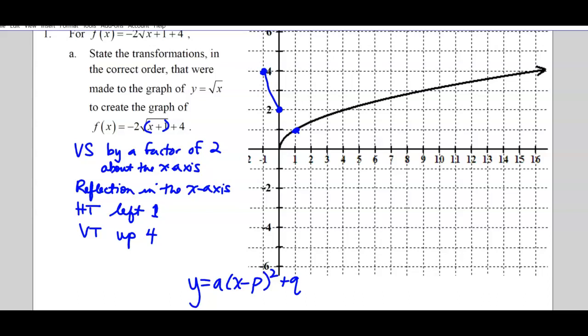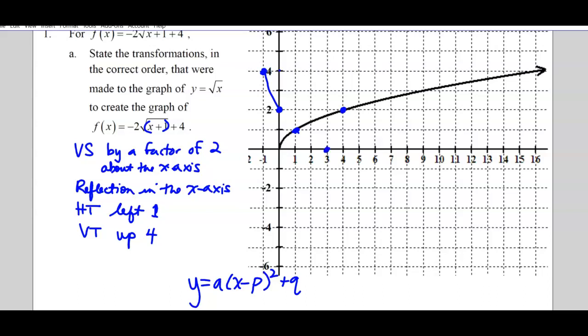Okay? Makes sense. And then the shape of it, it's stretched vertically, right? That's longer than this. This was 1, this was 2. Okay? Another nice point here. Y value is 2, stretched is 4, reflected is -4, left 1, up 4.